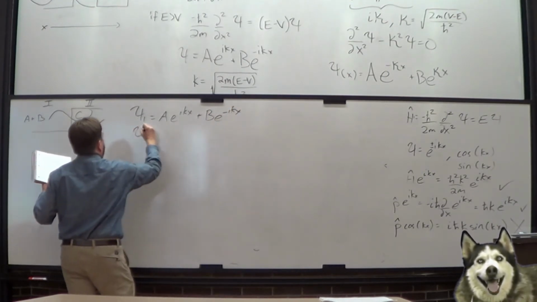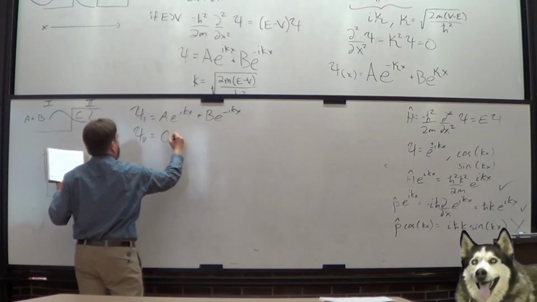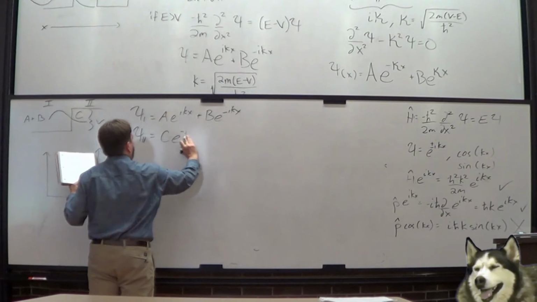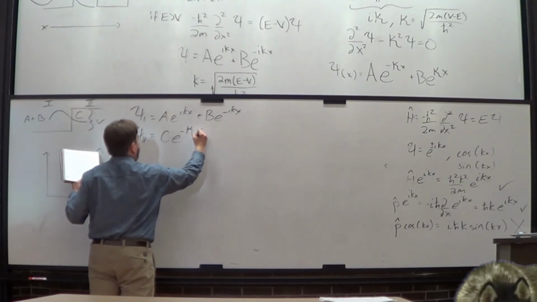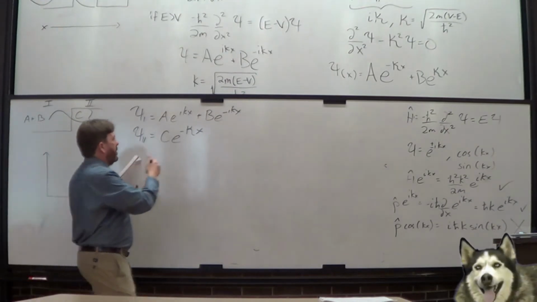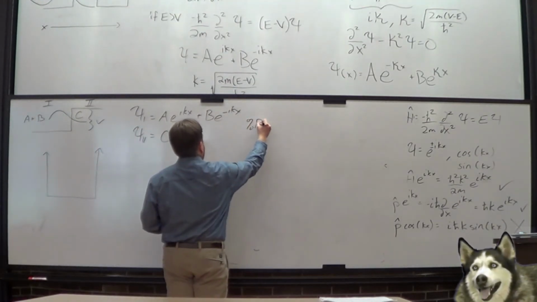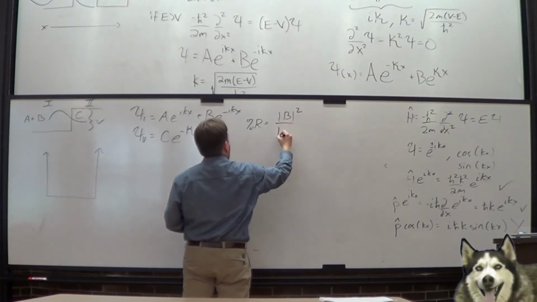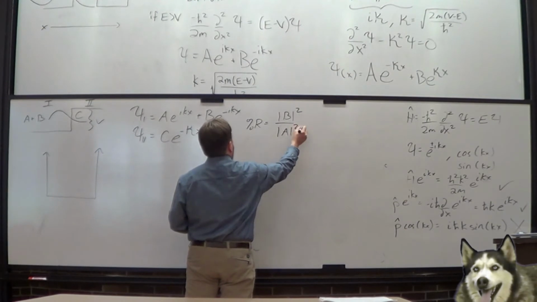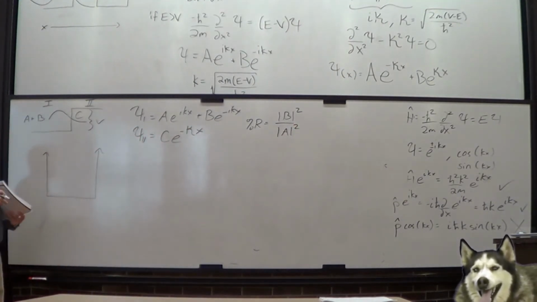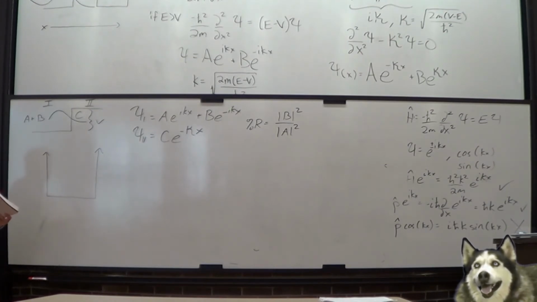Now you assume in region 2 that you've got just a decaying wave, e to the minus kappa x. And all you do is you figure out the percent reflection is going to be the magnitude of the left wave divided by the magnitude of the right wave. Again, it's a fairly well-known problem. You should have seen that as an undergrad, and if not, it's very easy to solve. And you do that by boundary conditions.